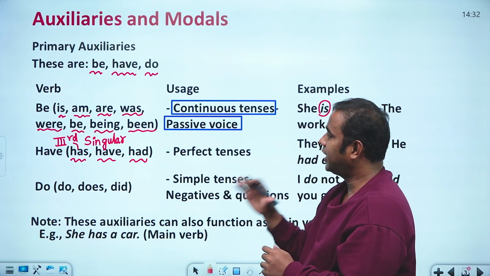Basically, you have to remember one important point. These auxiliaries sometimes also function as main verbs. How is that? Look here: she is a queen.